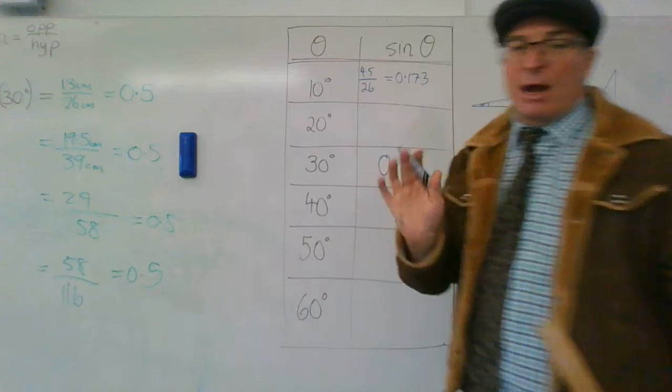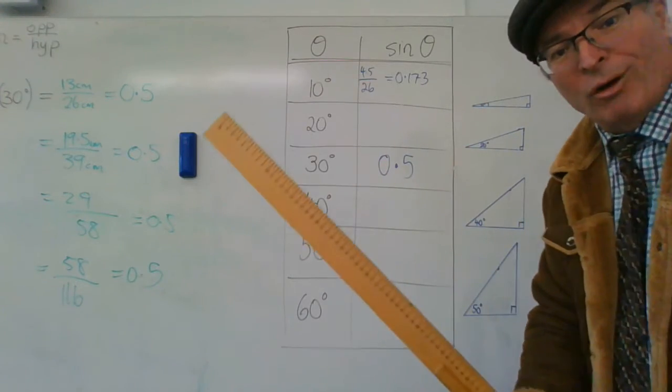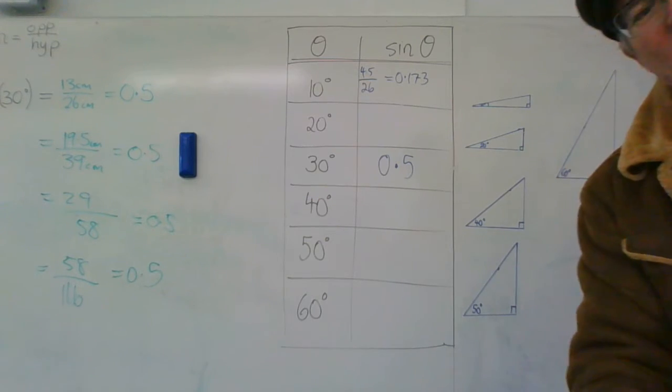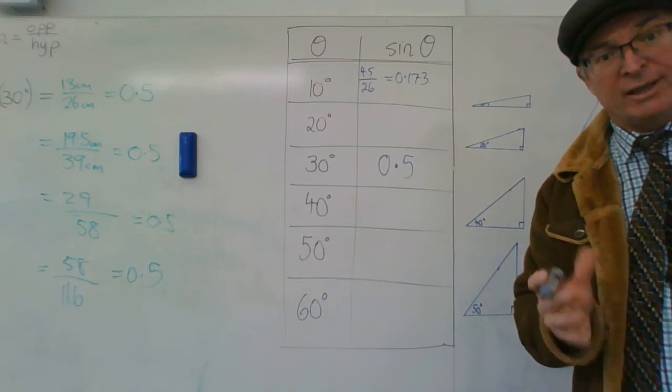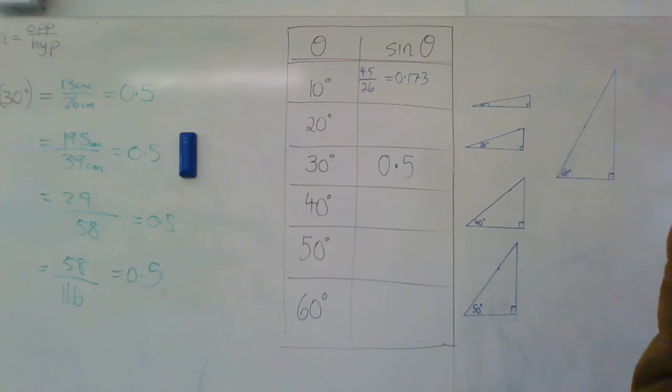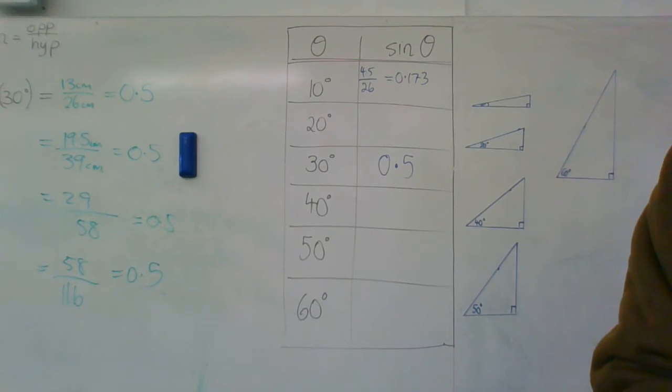Now this is only so accurate because look at the ruler I'm using, and of course when I drew the angles they're not going to be exact, but it's giving you an idea that if you could do it accurately you could work out what the ratio should always be for a particular sized angle.